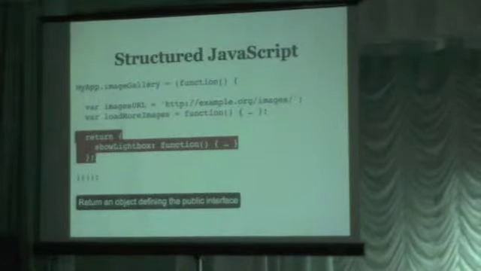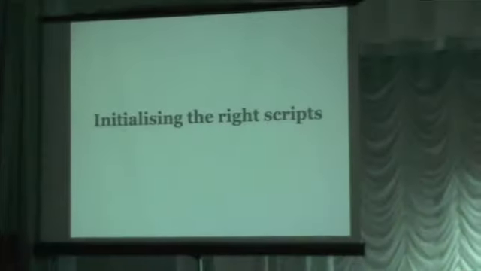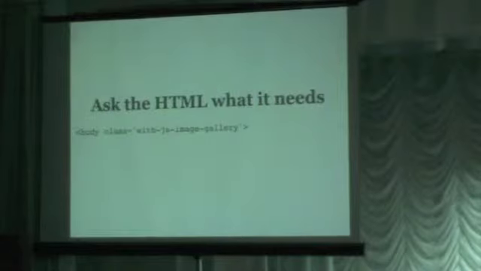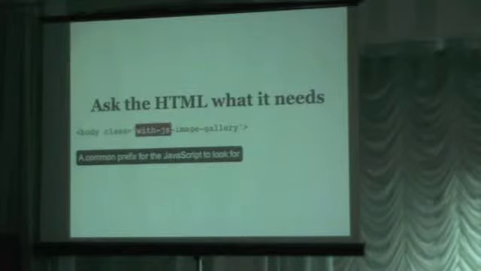So instead, when we're initializing the right scripts, we can ask the HTML what it needs. Now the way that we tend to handle this is we add classes to the body, which tell the JavaScript this is what this particular piece of HTML needs to be run against it, needs to be used to enhance it.